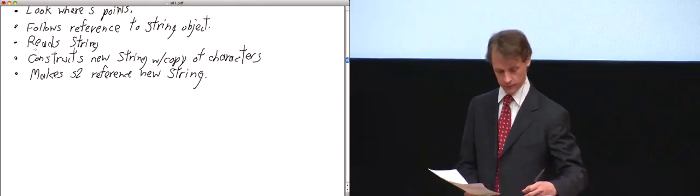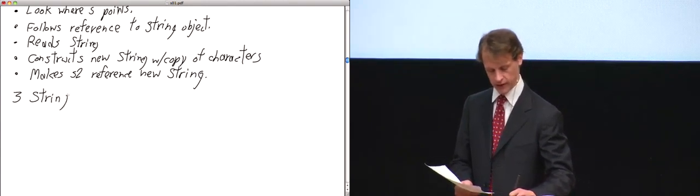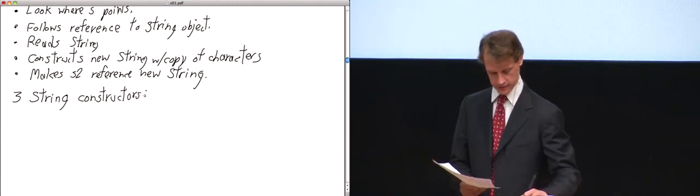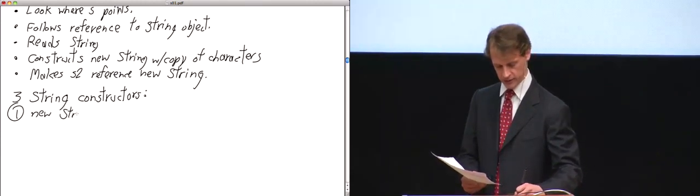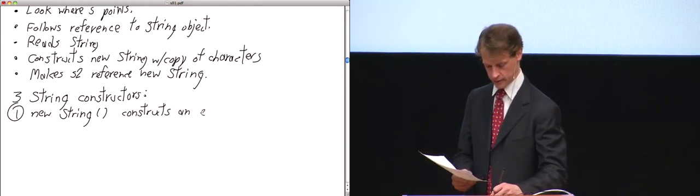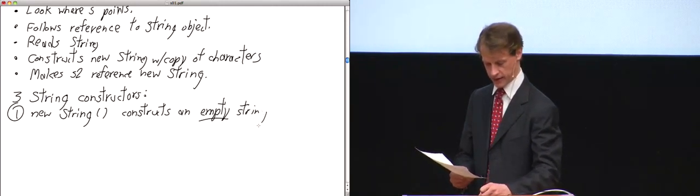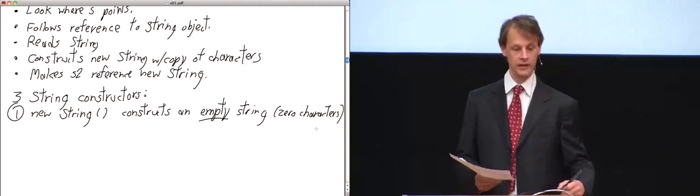So coming back to what we've seen so far, we have seen 3 string constructors so far. There are more, but let's just consider the 3 we've got. We've got new string with empty parentheses, which constructs an empty string, meaning one with 0 characters in the string.